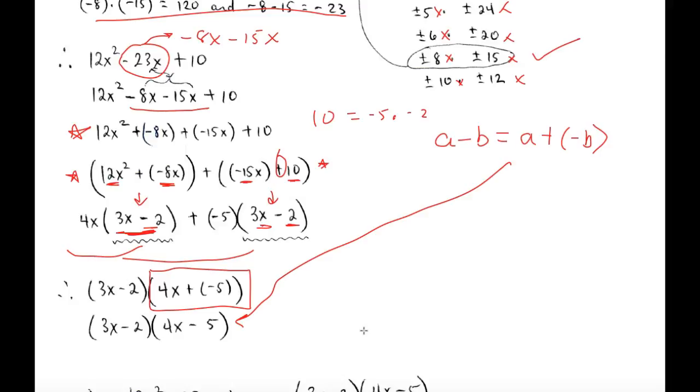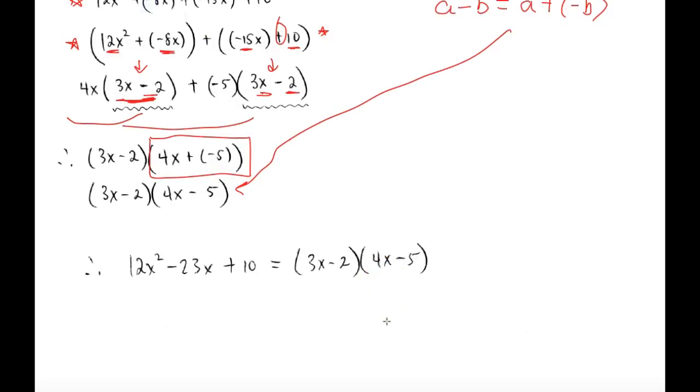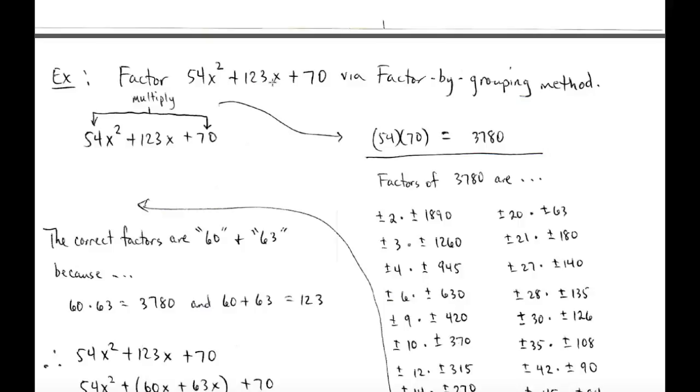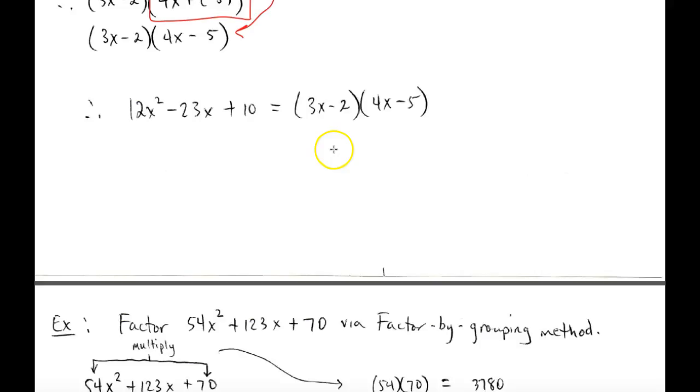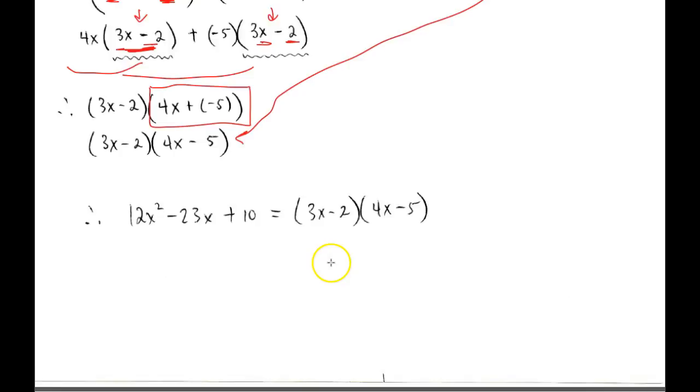And so not as much is written whenever you're doing the trial and error method, but you do have more written whenever we're doing the factor by grouping. Okay. All right, so we know that this particular expression can be factored into 3x minus 2 times 4x minus 5.